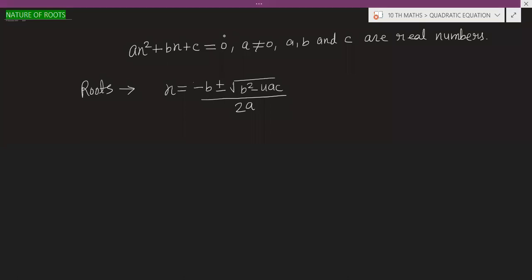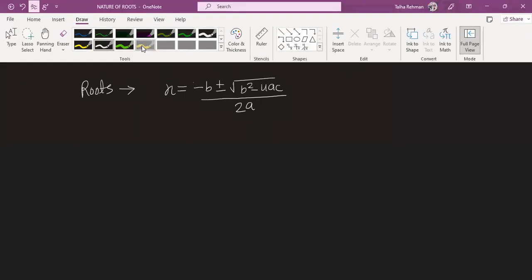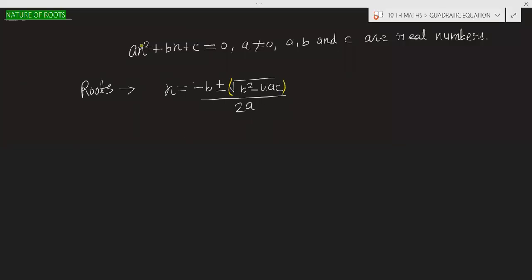So now see this term, b square minus 4ac.